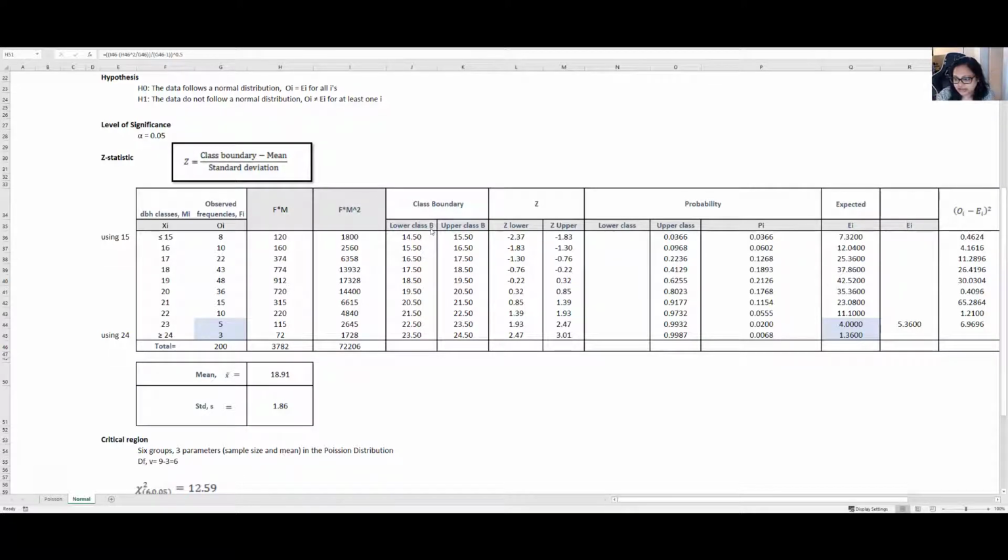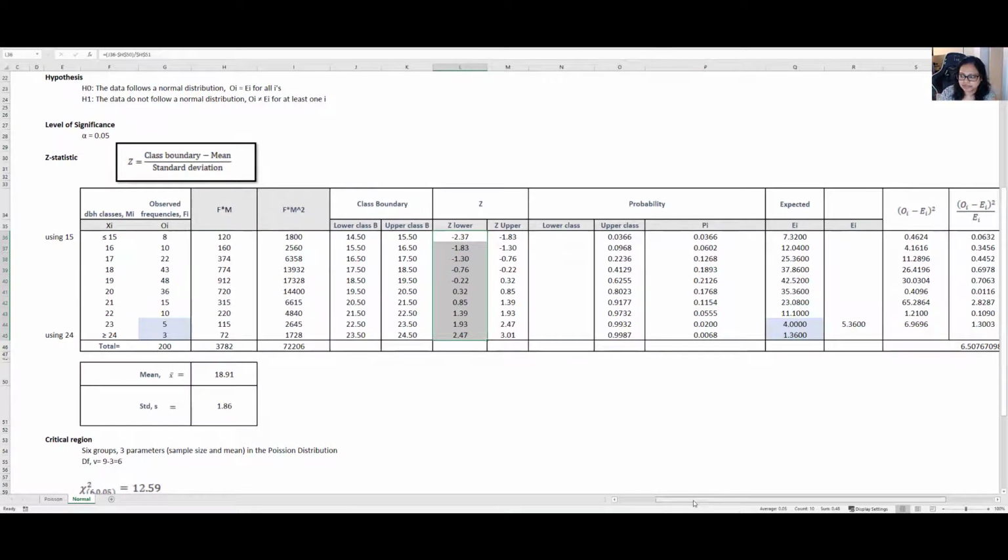Then you have to calculate the class boundaries, because they are not given. If the value is 15, then we go for 14.5 to 15.5, and similarly I did the other ones. For these midpoints, we need to find the Z value for the upper class limits, but I also showed how you can find it for lower class limits.